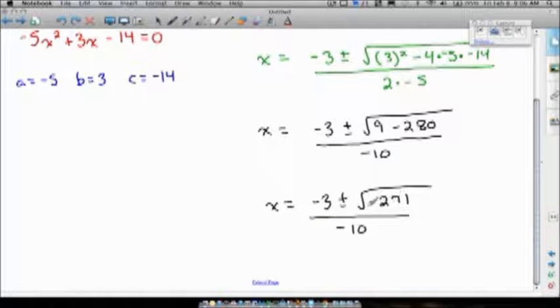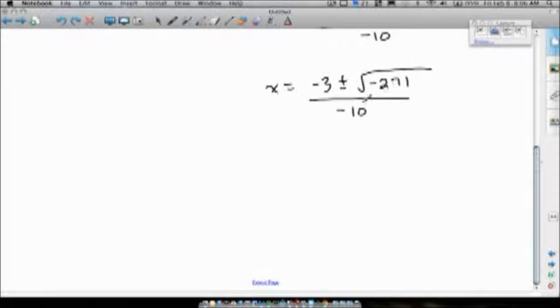And notice we do have a negative inside of the square root, a square root of a negative number. So we have to pull out that i. I'll remember to do that right here in a second. Let's take that 271 and let's break it down. Is 271 divisible by anything? It's not divisible by 3.